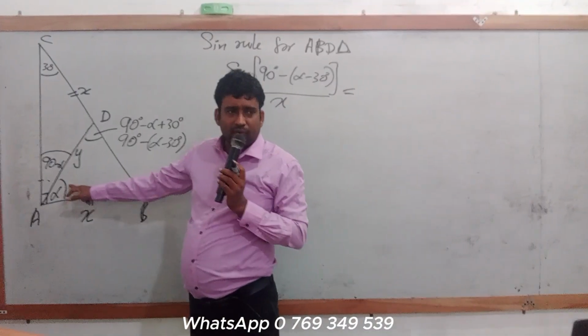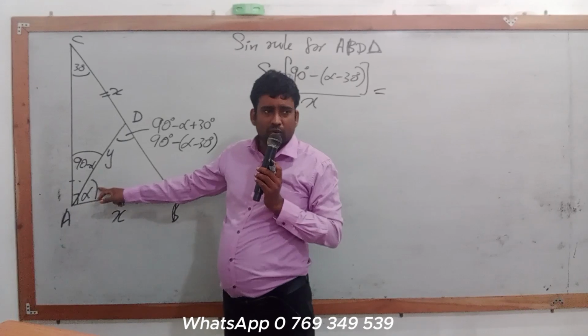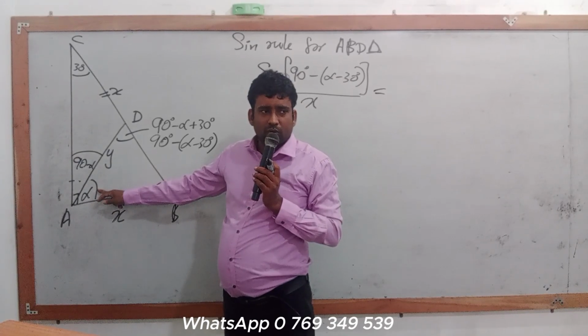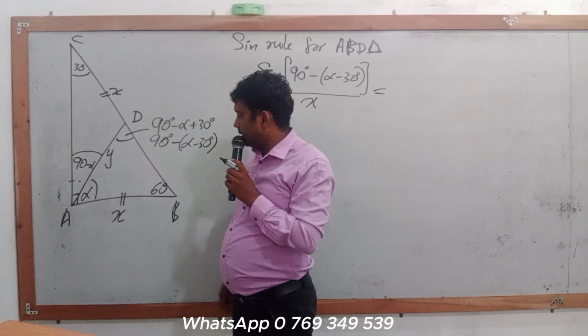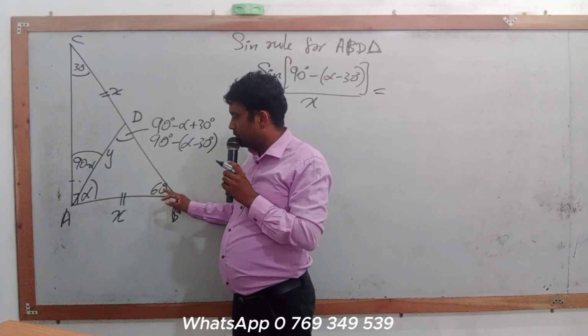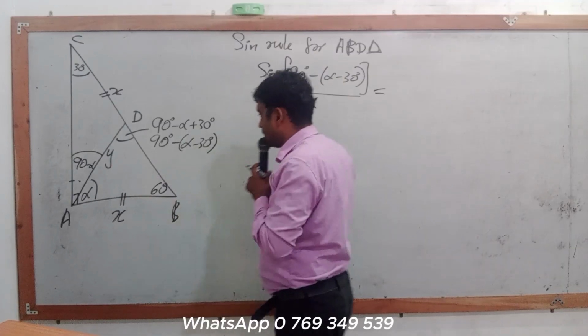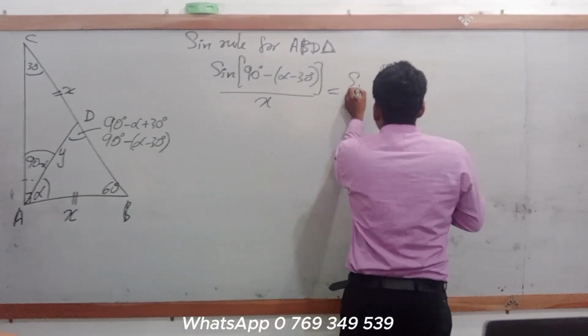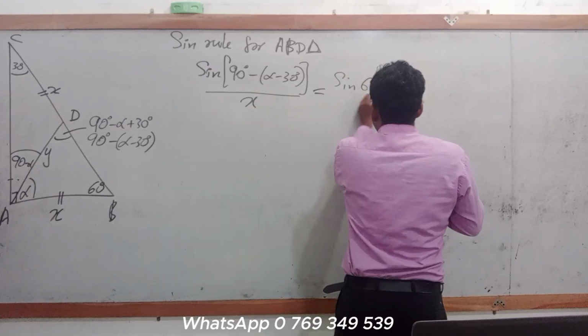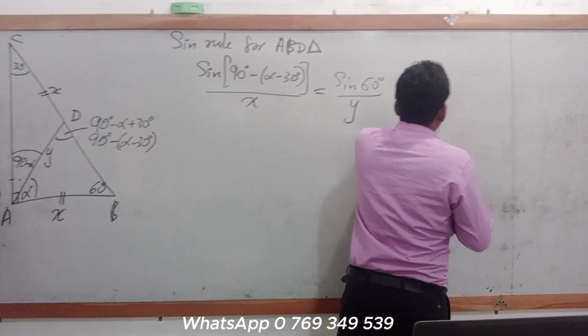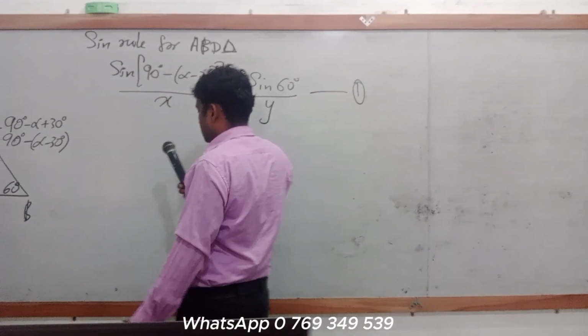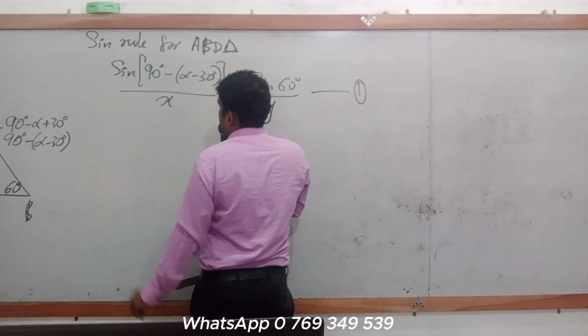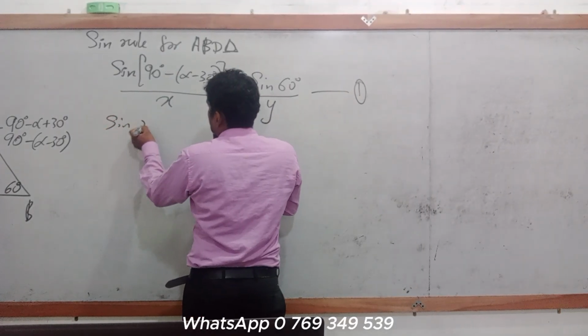We can take that sine alpha also, no? Show that cos alpha. Yeah, we can use this one, sine 60 divided by y. That is equation 1.